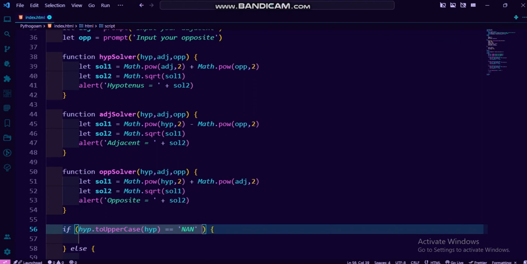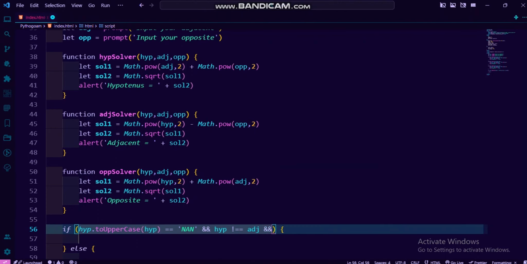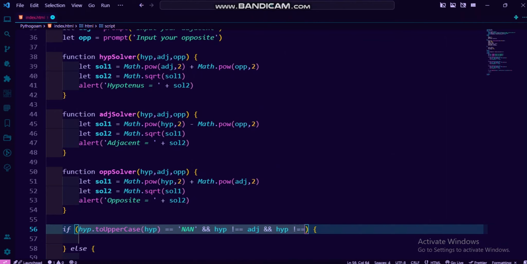And you have to make sure that the others are not the same thing as the hypotenuse, which is hypotenuse not equals to adjacent and also not equals to opposite.